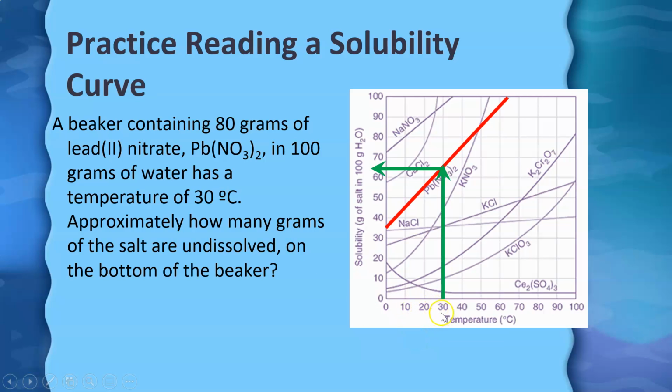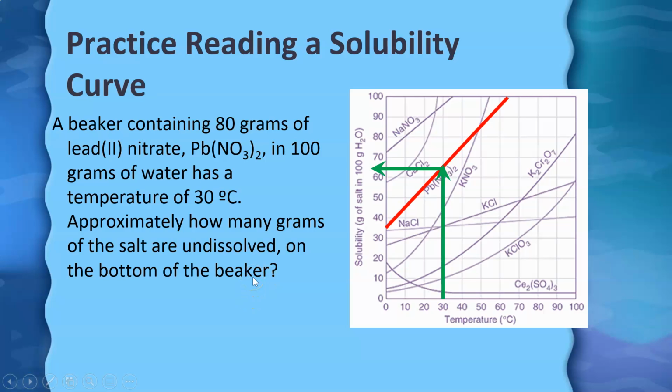So what I'm going to do to find out is I'm going to find out how much did I have in a full solution. So I'm going to find my lead nitrate line, which I highlighted in red. I'm going to take my 30-degree line and go up to where I meet that line. And I'm going to go across. I'm going to see that that's about 64 or 65 grams.